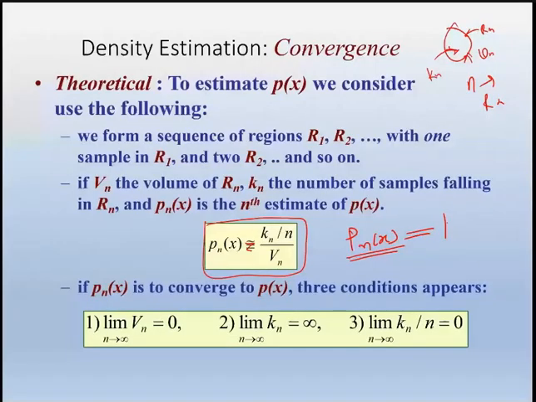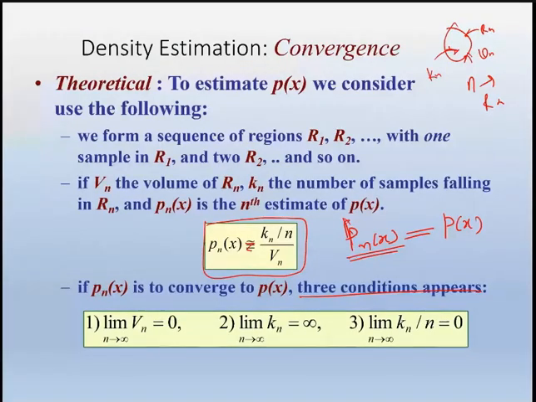Then we have to have these three conditions that one should satisfy. The first: in the limit of n tending to infinity, Vn should shrink to 0. That means if you have an infinite number of samples, then the volume should tend towards 0.